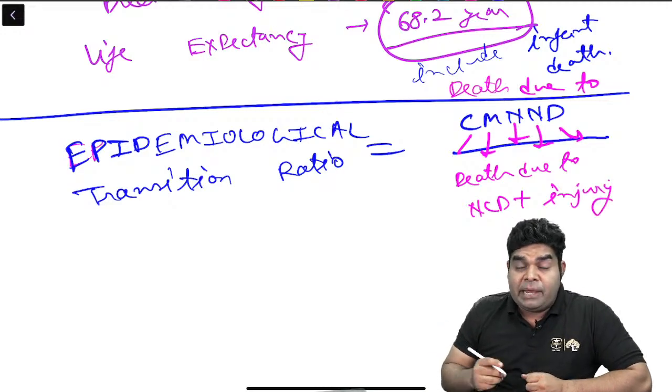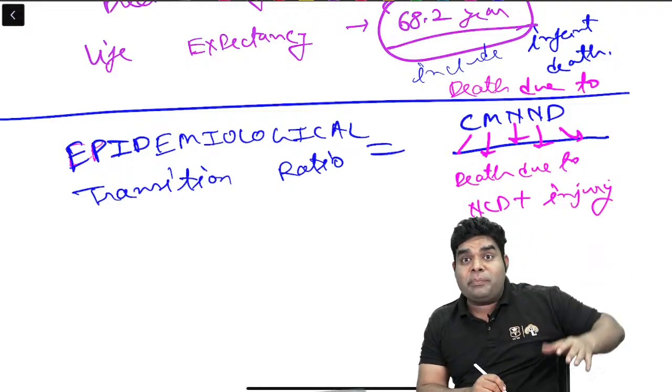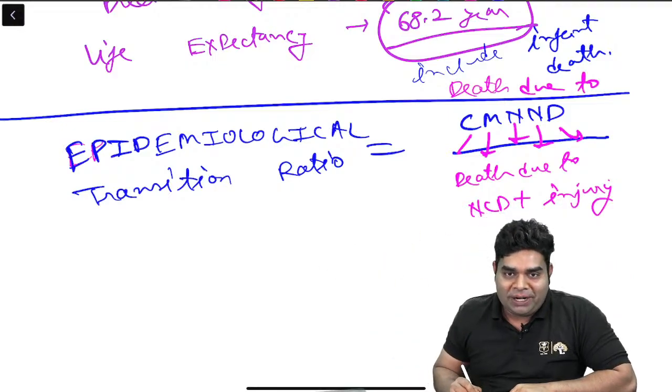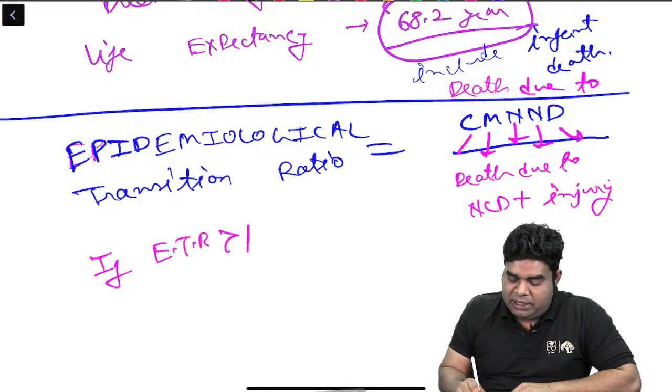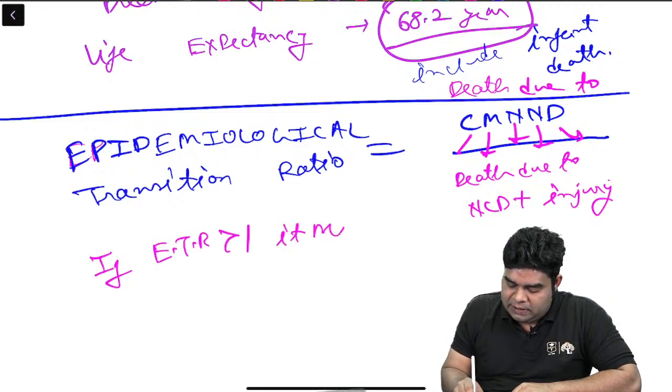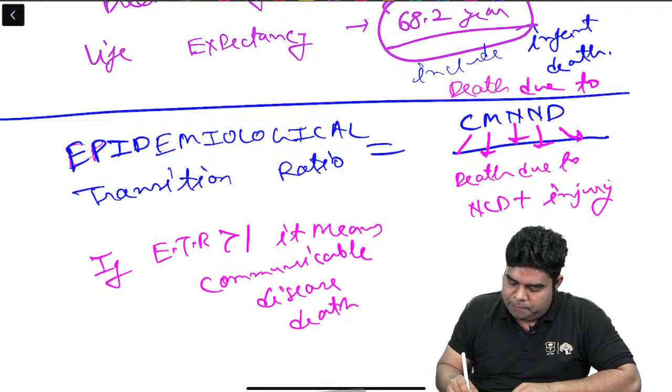So if the epidemiological transition ratio is more, it does not mean that non-communicable disease is more. If ETR is more than 1, it means communicable disease deaths are more.